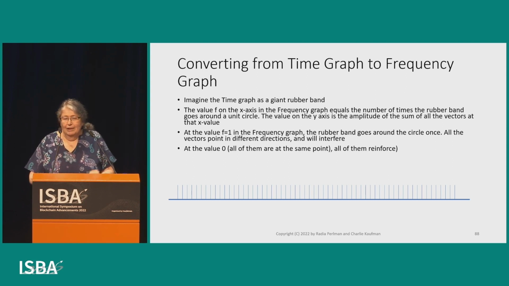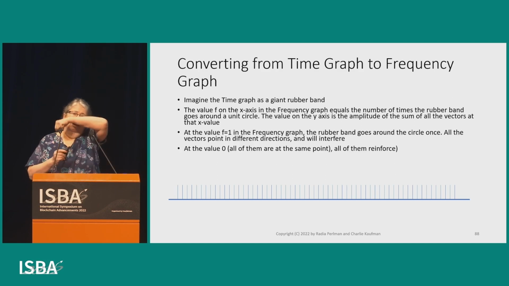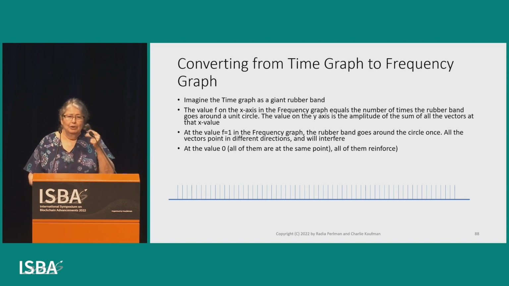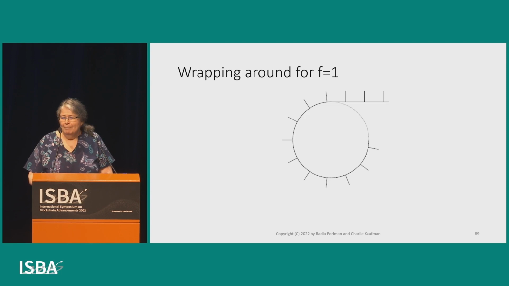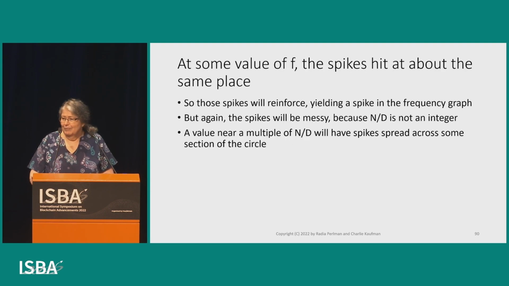In the frequency graph, the x-axis value 1 means you take this giant rubber band and wrap it around a unit circle 1 time. For the value 2, it means you wrap it around twice. Value 3, you wrap it around 3 times. So for the value f equals 1, you wrap it around once. All these spikes will be pointing in different directions, so they're all going to cancel each other out. So in the frequency graph, you'll get a 0.